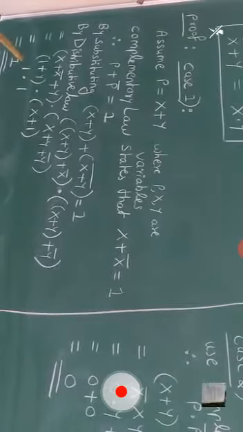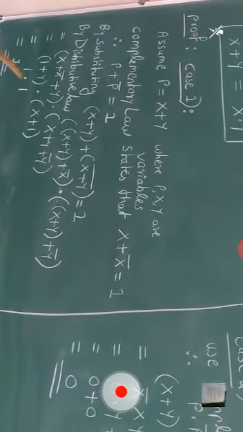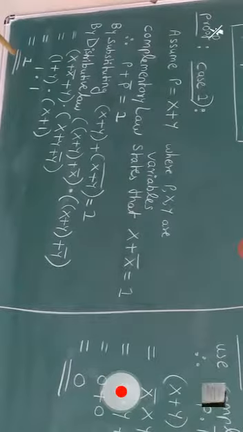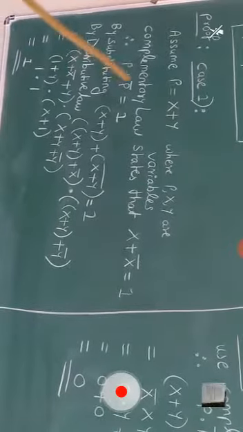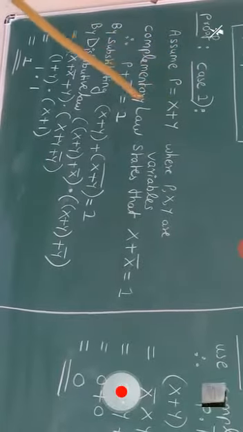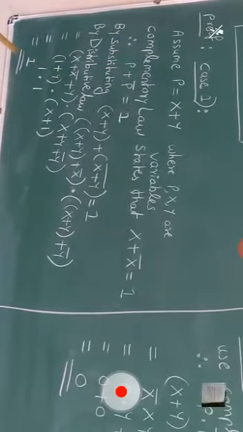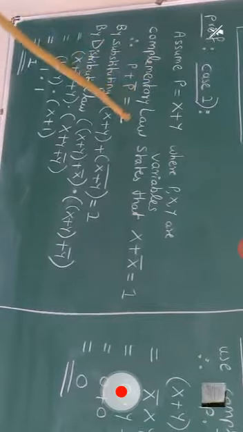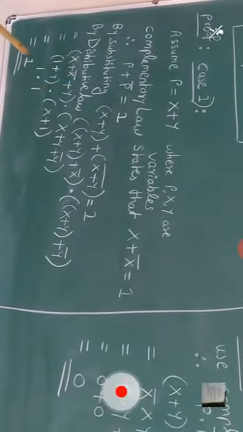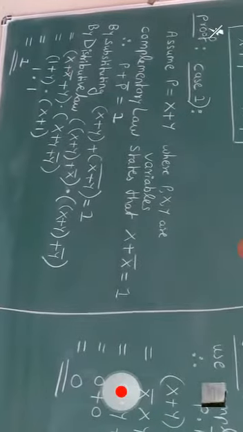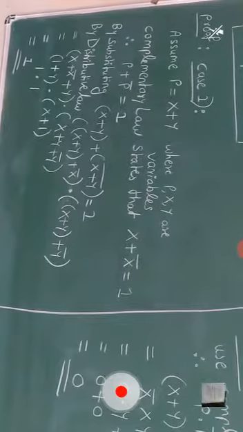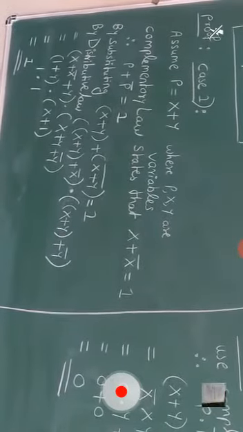So here 1 is multiplied with 1, hence 1 into 1 will give me the result as 1. In this way, in case 1, we have proved that p plus p bar is equal to 1. So this is the first case we have proved with the help of the first complementary law.